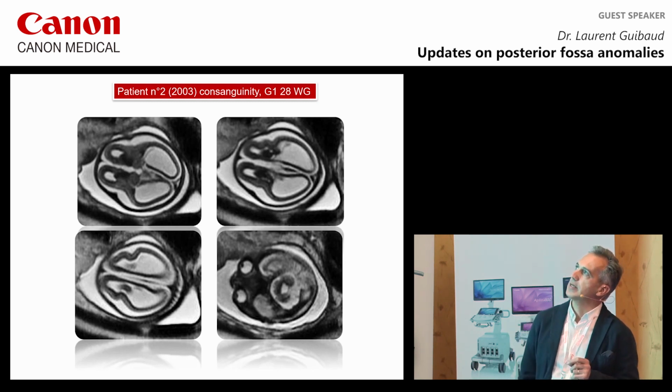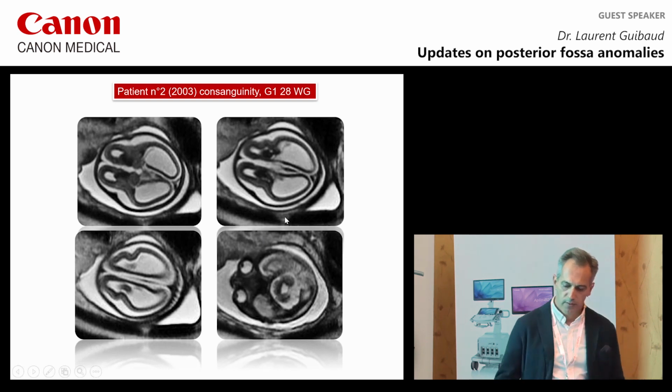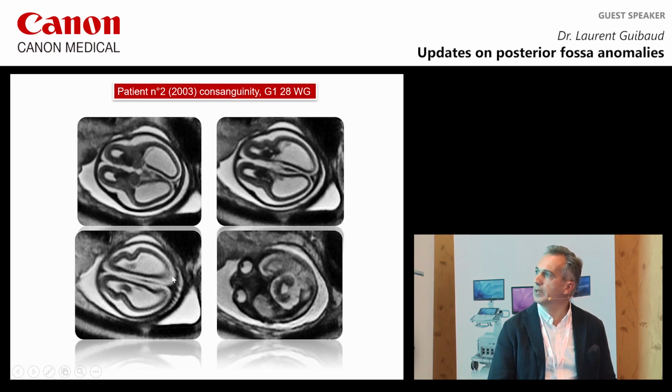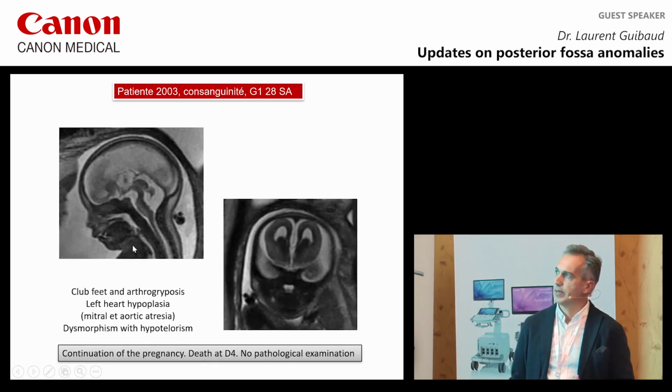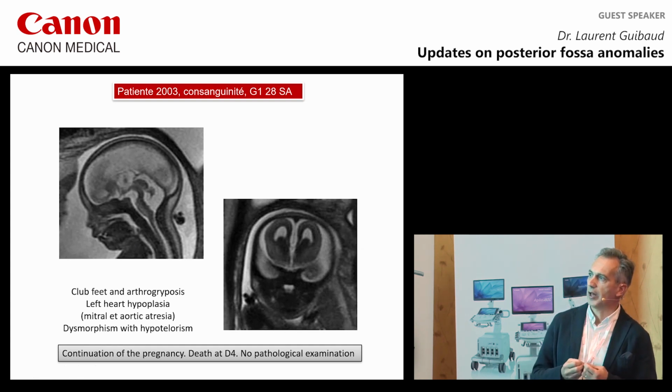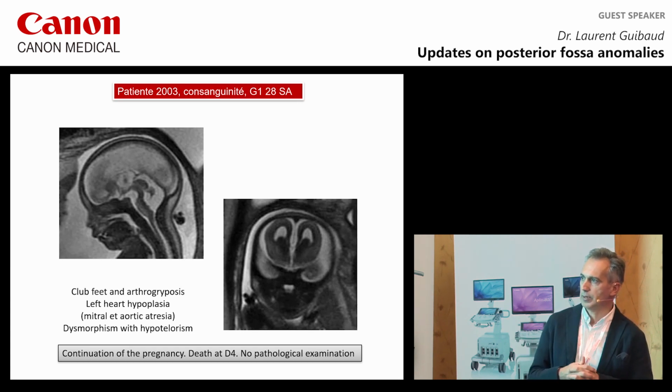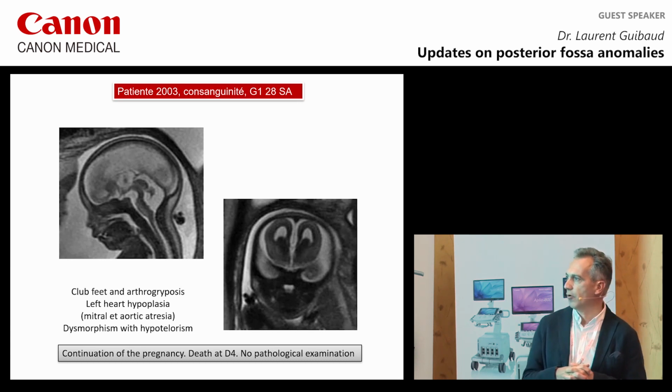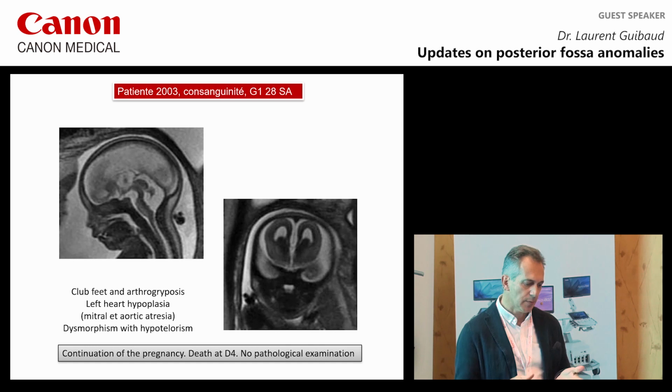This one was similar to this case. I saw this case in 2003, with similar large germinal matrix, a similar pattern of the cortex, and look at the brainstem, it's exactly the same thing, associated with club feet and arthrogryposis, with cardiac anomalies. In that case, there was continuation of the pregnancy, death at 4 days, and no pathological examination.